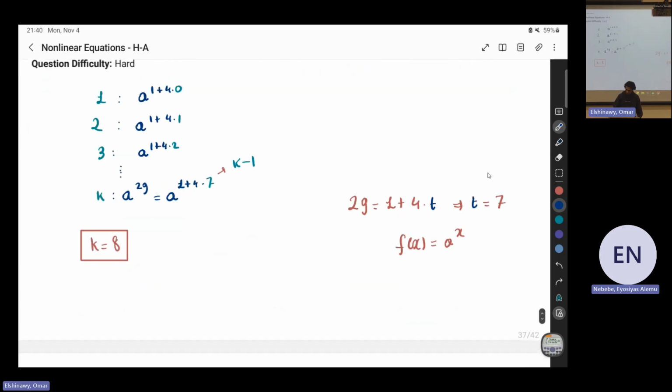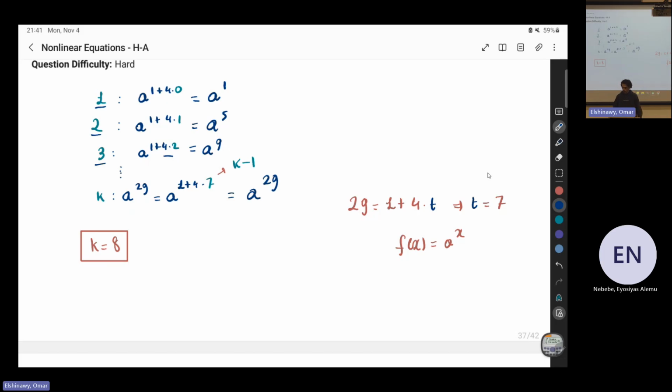Okay, 8, because we start like this. It's 8 to the 1. It's 8 to the 5. It's 8 to the 9. And this is 8 to the 29. So you notice that with the first step, you're multiplying 4 by 0. With the second step, you're multiplying 4 by 1. With the third step, you're multiplying 4 by 2.